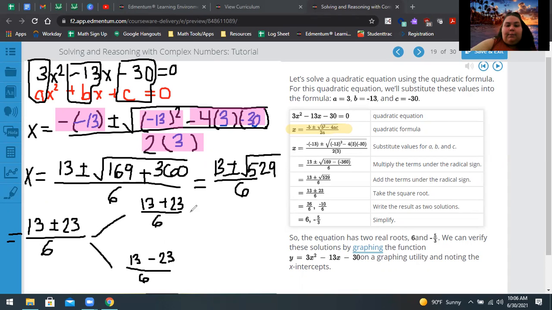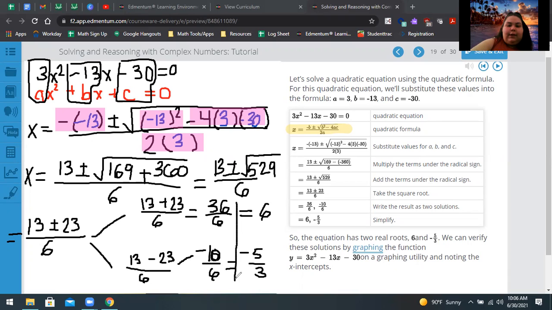So 13 plus 23 is 36 over 6, which can still be simplified to 6, right? 36 divided by 6 is 6. 13 minus 23 is negative 10 over 6, which can still be simplified by dividing top and bottom by 2 to get negative 5 over 3.